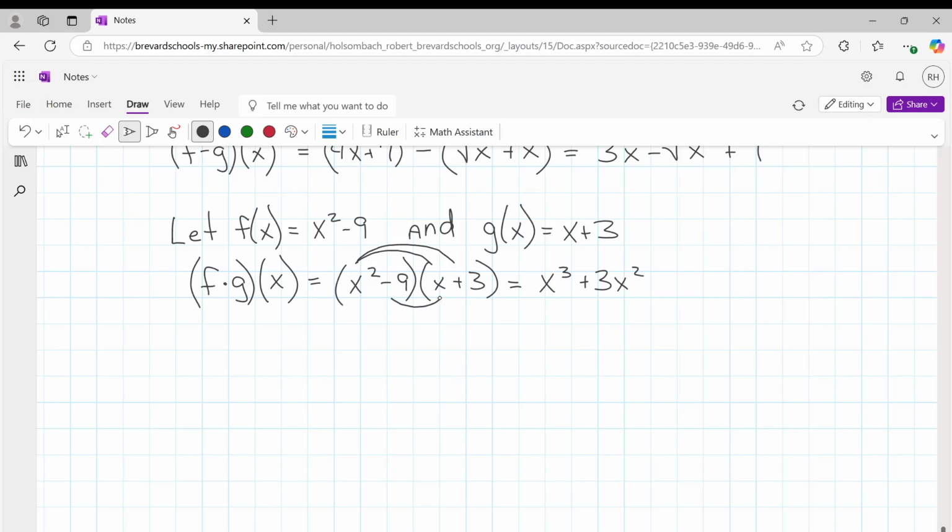Negative 9 times x is negative 9x. And negative 9 times positive 3 is negative 27. Now, at this point, there's no like terms to combine, so you're finished.